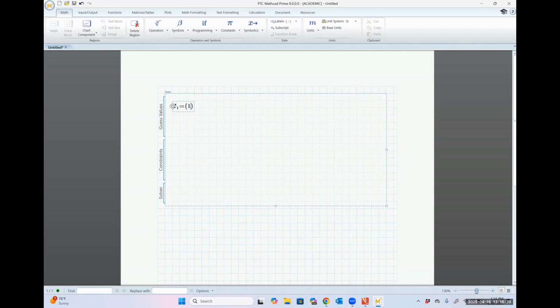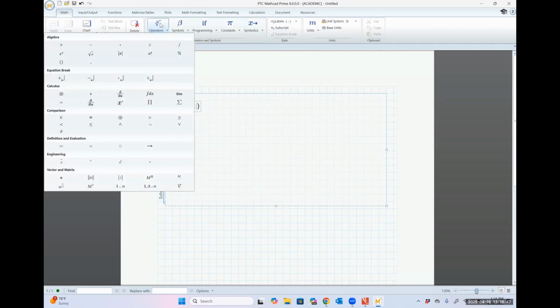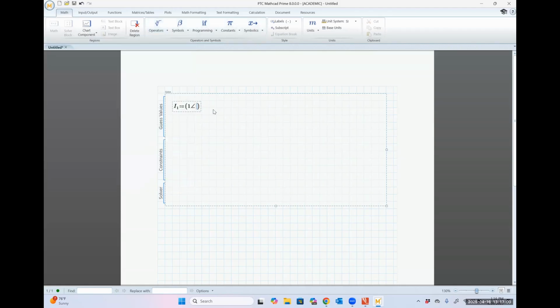The angle operator is gotten by pressing Control Shift P. Or if you don't know the keyboard shortcuts, you can click the operators button and go under engineering to find the angle operator, but Control Shift P is way faster if you know it. Then I'll put 0.